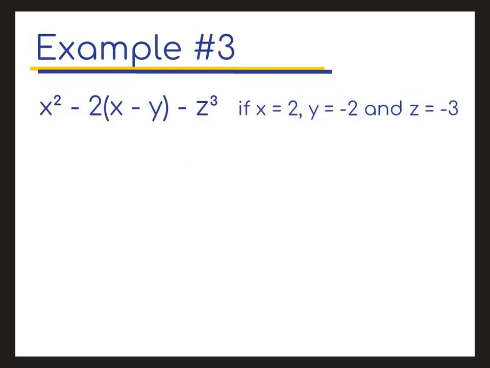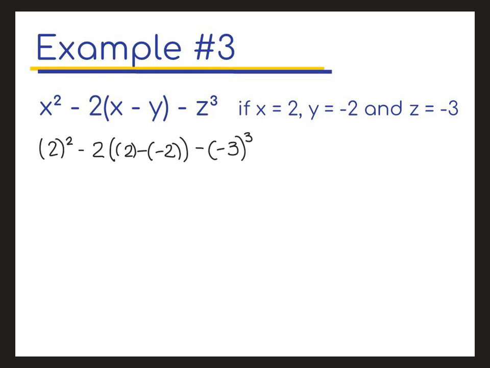So this problem, example 3, is really similar. I'm just going to start by plugging things in. When I plug them in, I have to remember to put them in parentheses. So step 1, I've plugged everything in.